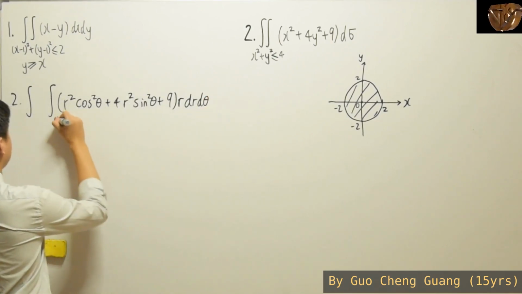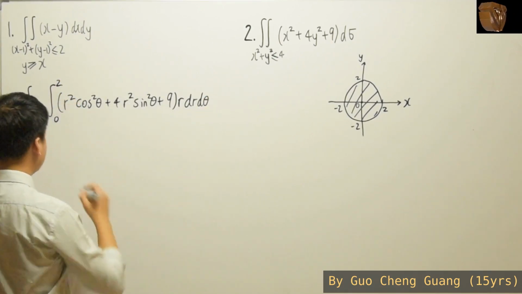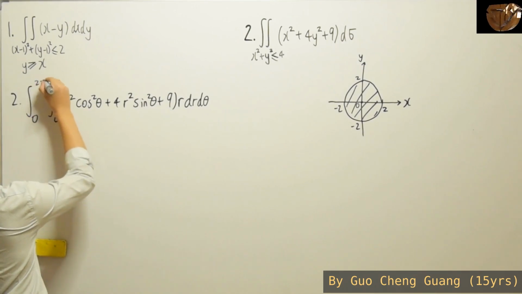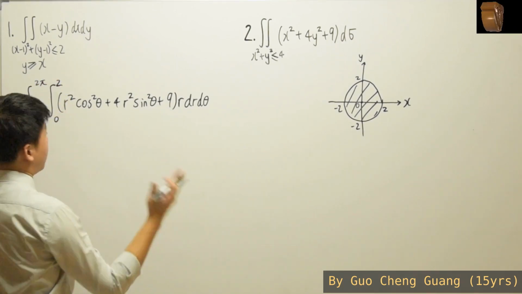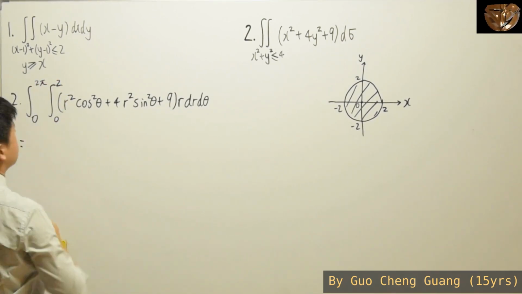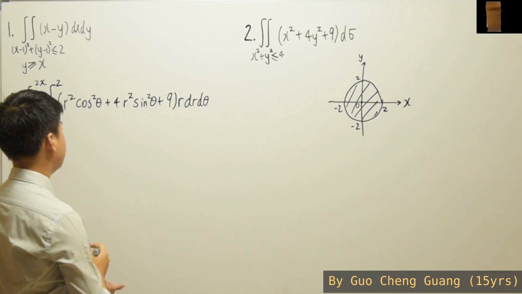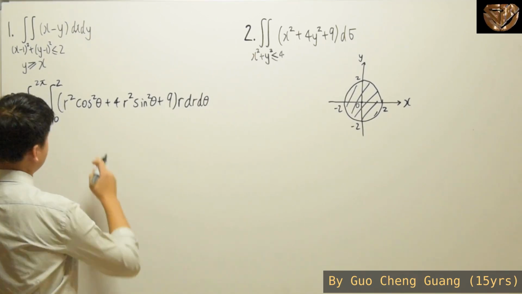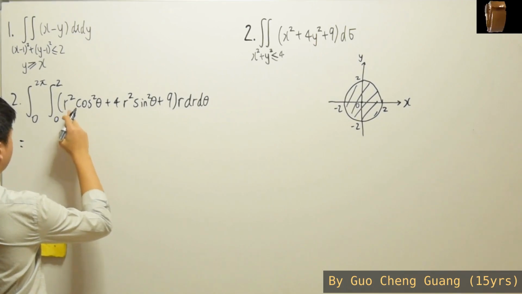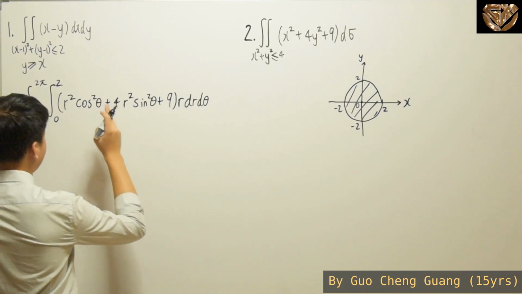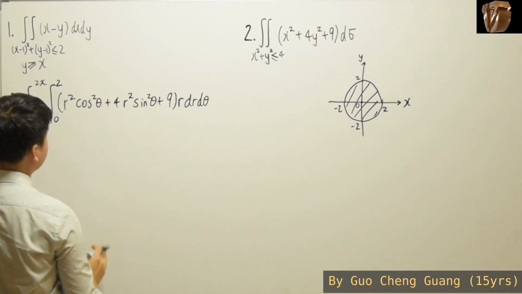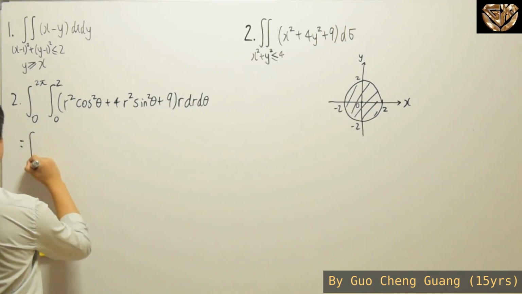So r is from 0 to 2, while theta is from 0 to 2 pi, since it is an entire circle. Alright, so now that we have this integrand, of course we can take out r squared cosine squared theta and r squared sine squared theta to make an r squared term.